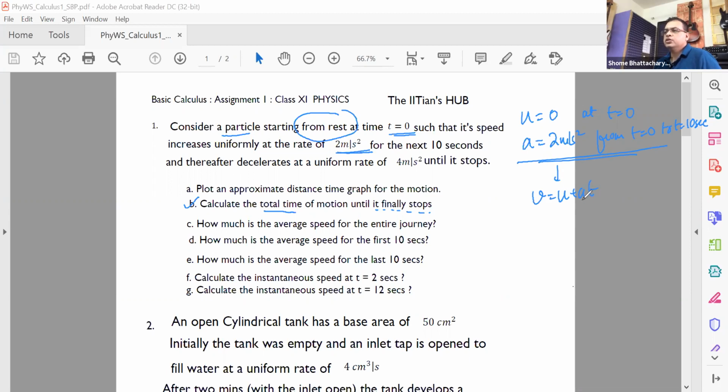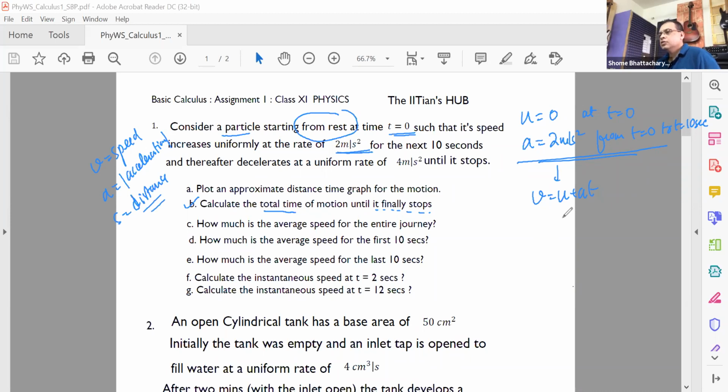We don't know whether the motion is straight line or not, so it doesn't matter. So we'll talk in terms of scalar quantities. So v is speed over here, it's not velocity. a is magnitude of acceleration. The acceleration is actually a vector, and s we'll take as distance, similarly, instead of displacement.